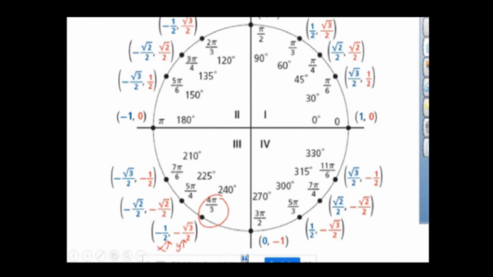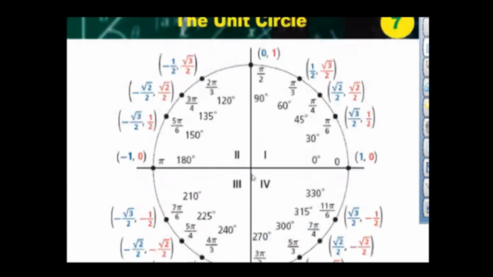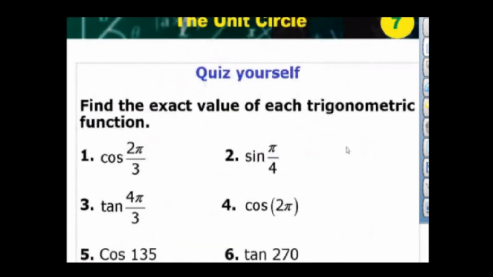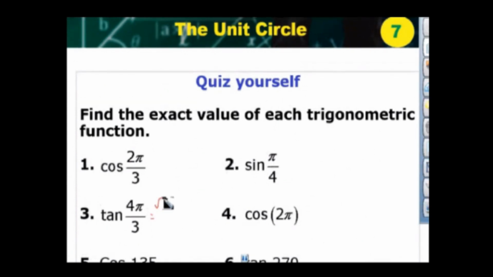So basically, I'm going to say square root of 3 over 2 divided by 1/2. You just have to play with the fraction. So square root of 3 over 2 times 2 over 1. The 2 is going to cancel. That's going to give you square root of 3.